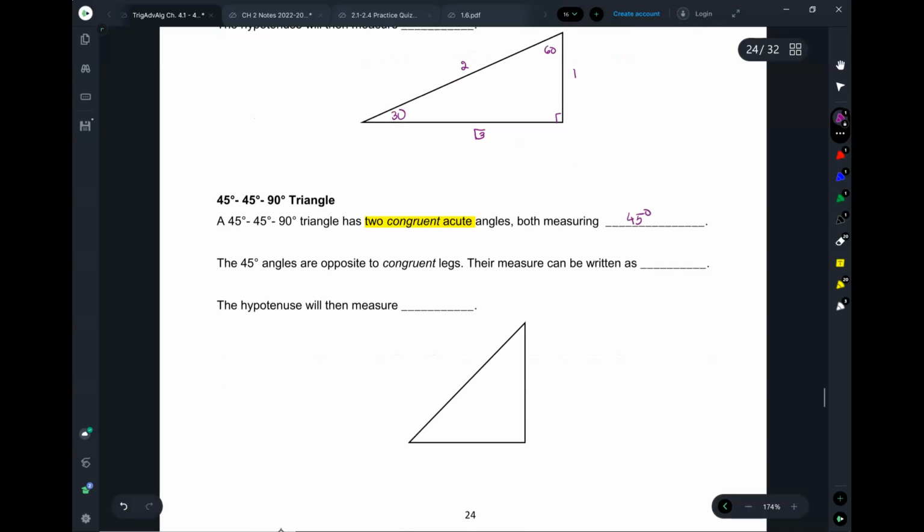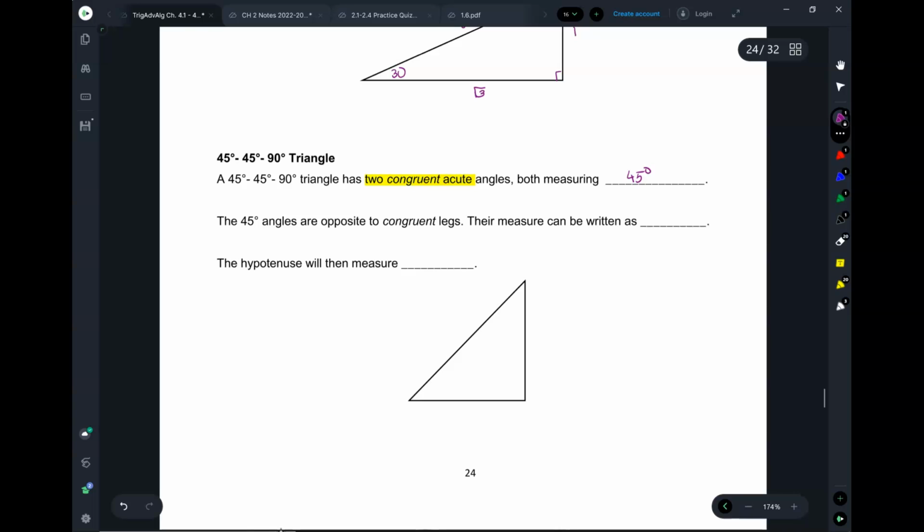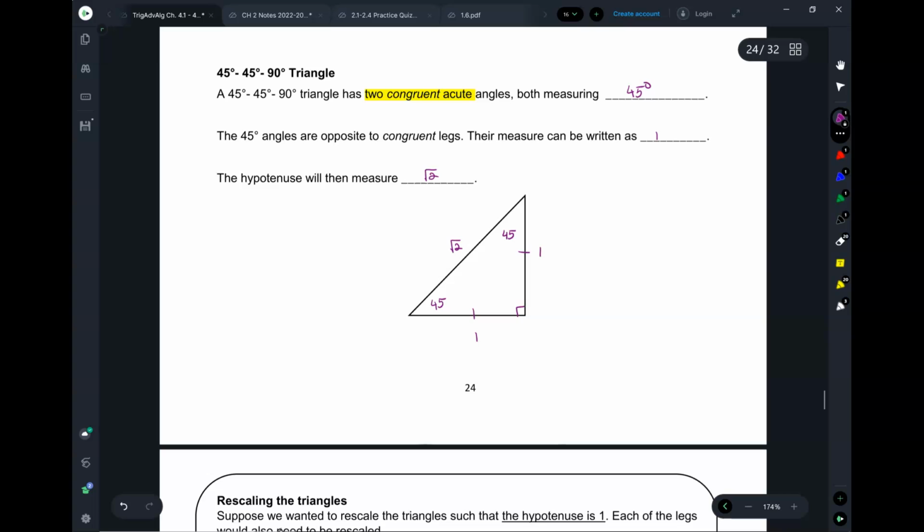The angles are opposite to two congruent legs, and their measure can be written as 1. I can make those sides 1. And then how much will the hypotenuse measure? √2. Okay, so that's a review of 45, 45, 90 and 30, 60, 90.